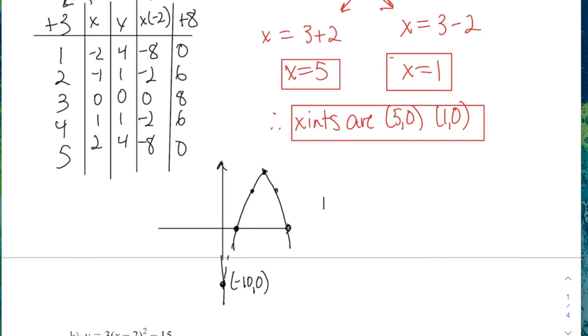Okay, so we can see that our x and y intercepts make sense.